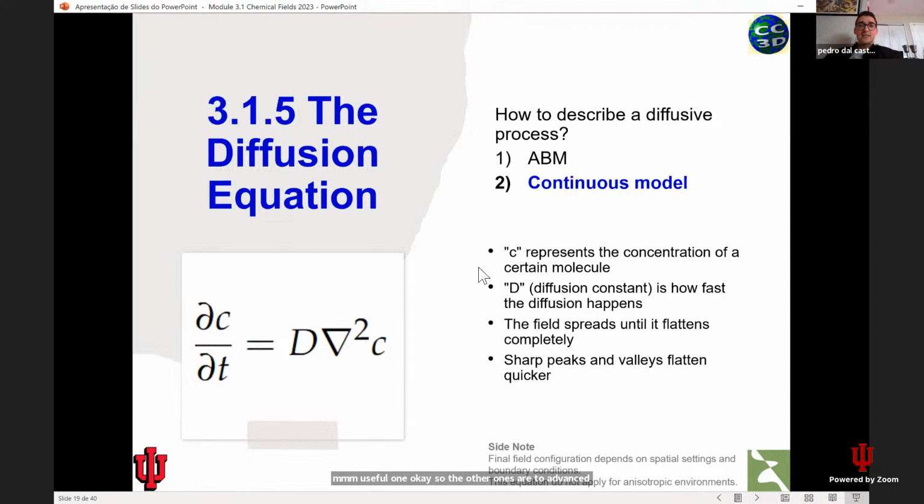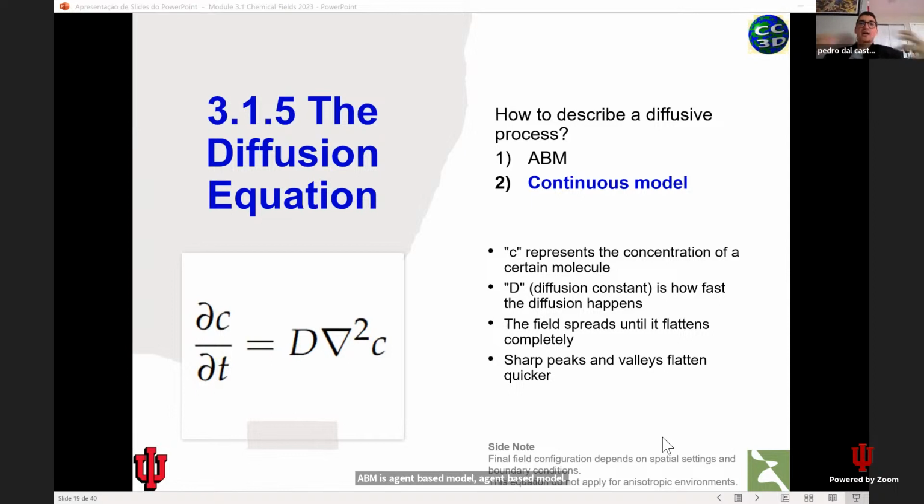So C is the concentration of the molecule and D is the diffusion constant. It's how fast the diffusion happens. So when you see the field spreading throughout space, how fast this field spreads across space is determined by the diffusion constant. ABM is agent-based model.